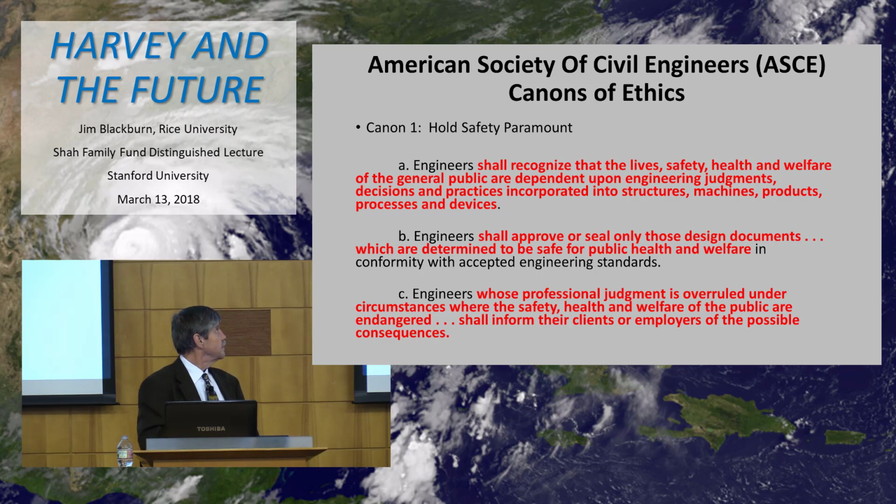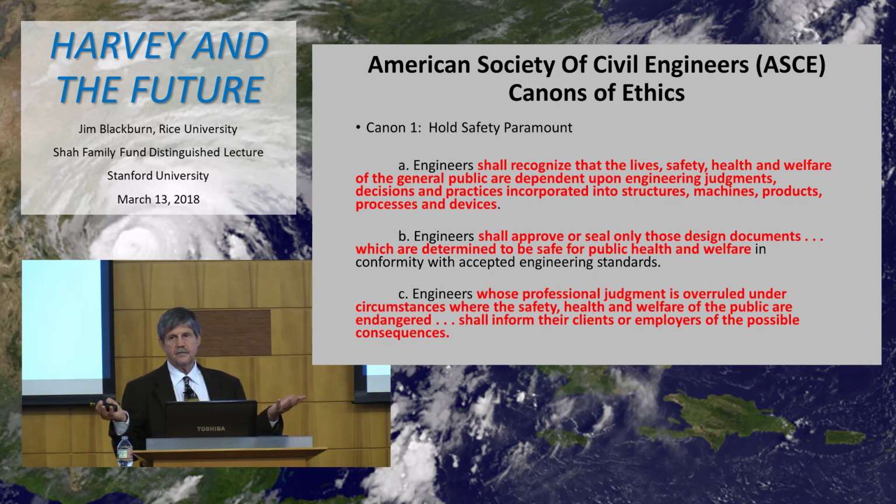Well, what does the Canon of Ethics say about that? Engineers shall recognize that the lives, safety, health, and welfare of the general public are dependent upon engineering judgments, decisions, and practices incorporated into structures, machines, products, processes, and devices. Well, that's kind of a sobering statement. Engineers shall approve or seal only those design documents which are determined to be safe for public health and welfare.